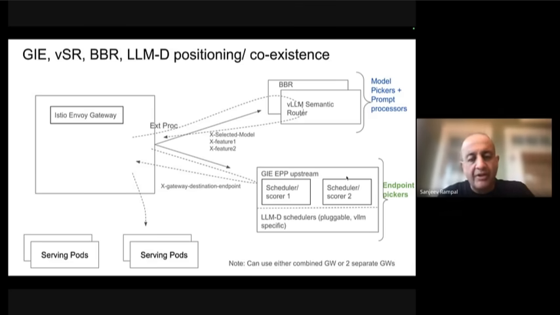The second kind of extension is an endpoint picking function, which is that once we know that we want this particular base model, if I've got 4 different replicas of a local LLM serving that model, which would be the best replica I should go to?